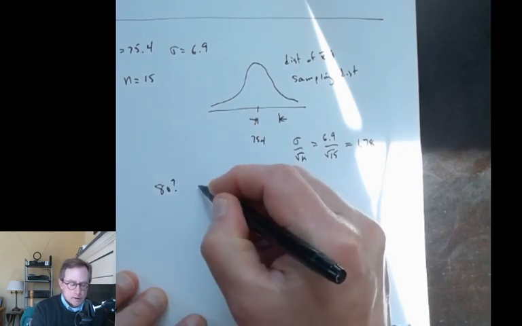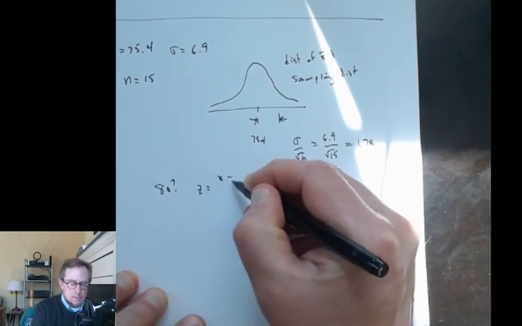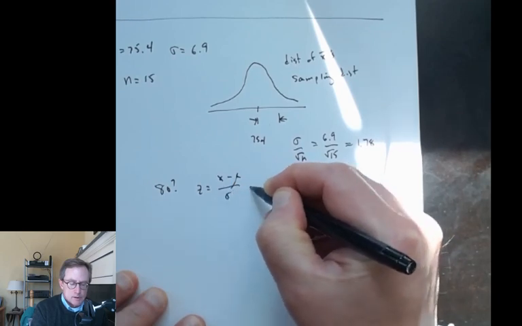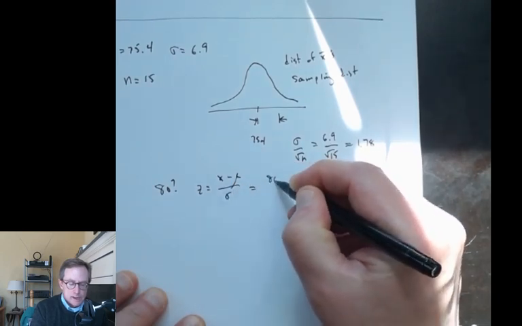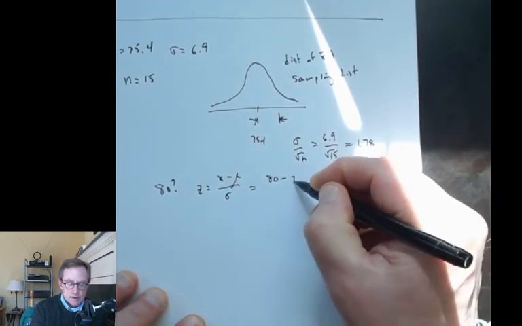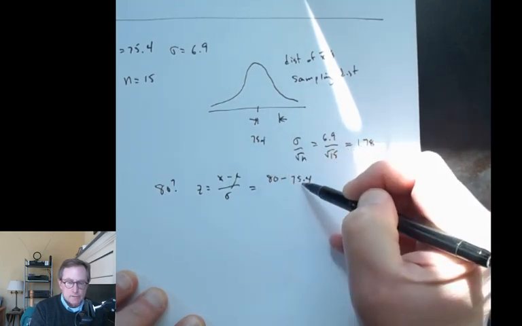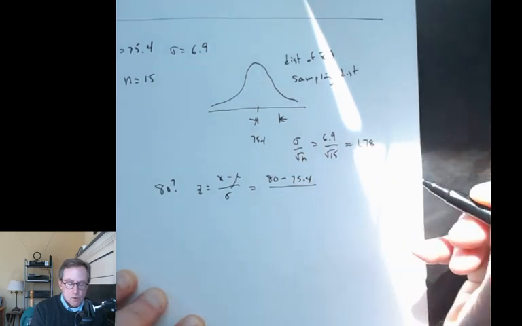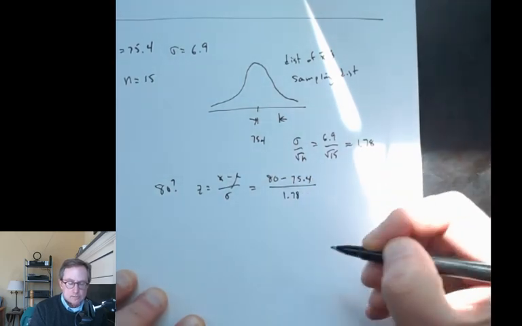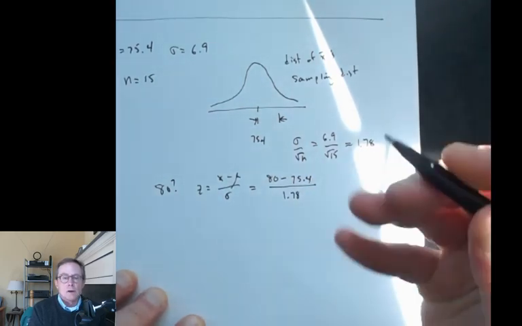So we're going to do z equals x minus mu over sigma. So z equals 80 minus 75.4, because the samples have a middle of 75.4, all over 1.78. And of course I don't know what that is.